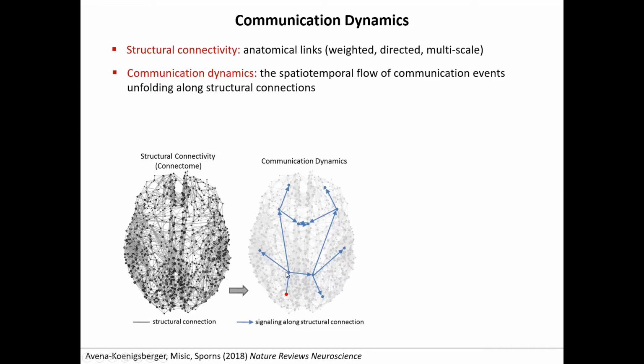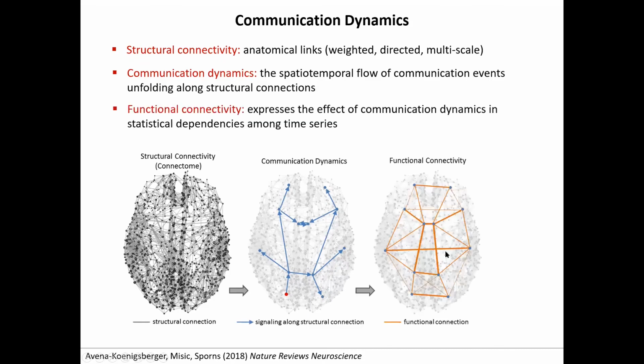These pathways are structural pathways that define axonal multisynaptic paths. And the result of those signaling events are statistical alignments that we can record using fMRI, EEG, MEG, neural recordings, what have you, of time courses, functional connectivity, a simple correlate of that.